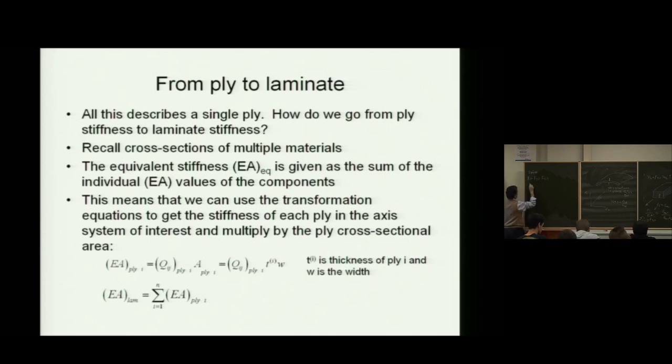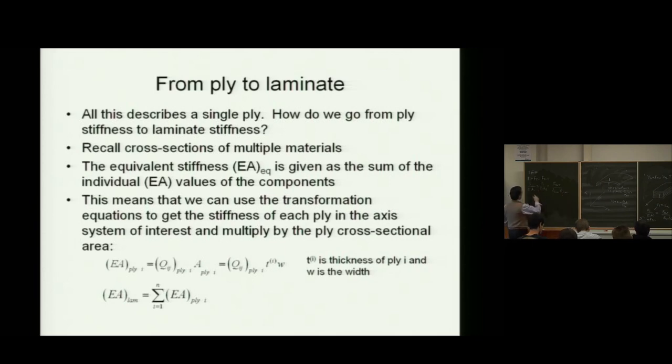I also know that F1 divided by E1 A1 equals F2 divided by E2 A2 equals F total divided by E of the laminate A of the laminate.